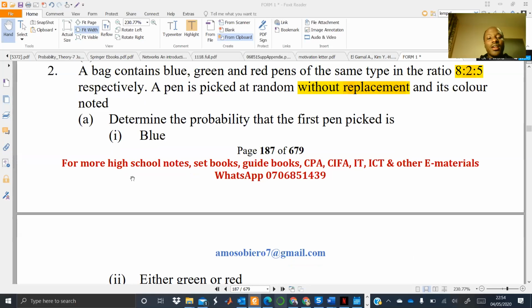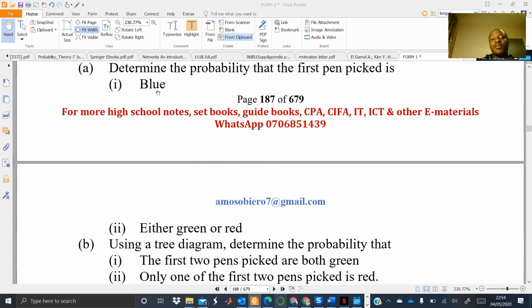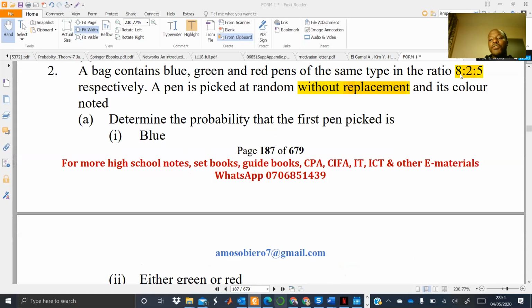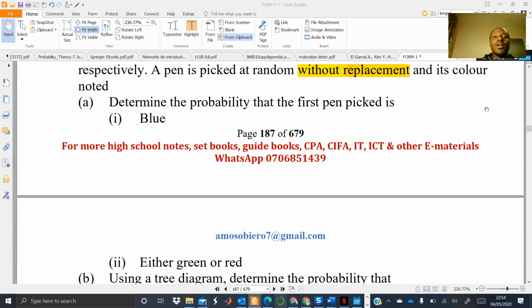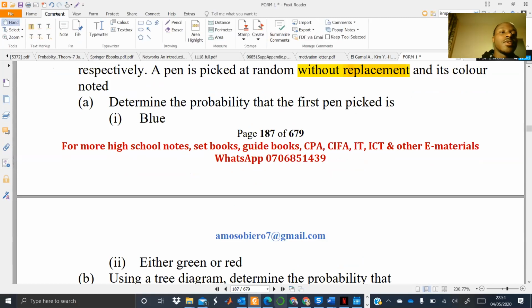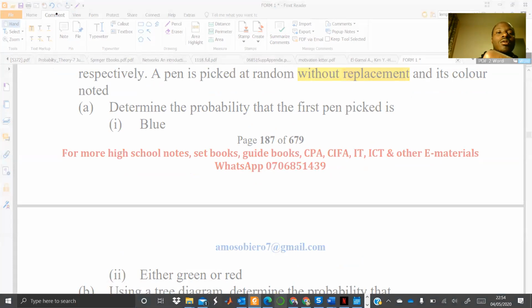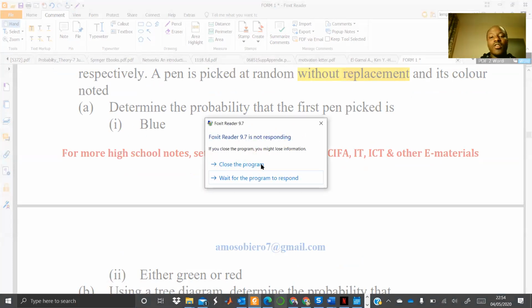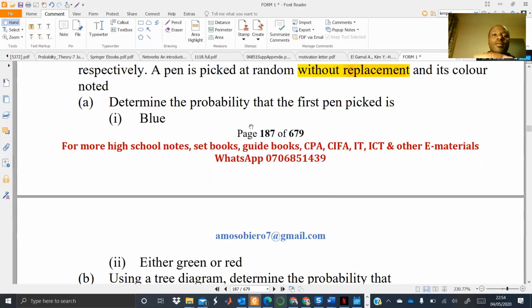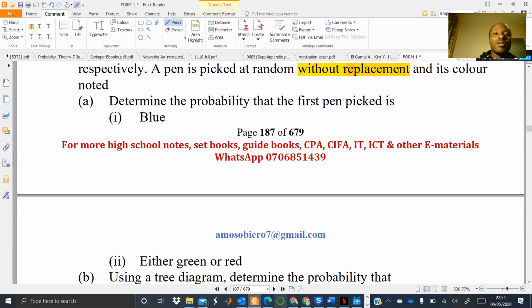For a blue, it will just be 8 over 15, over the total ratio.